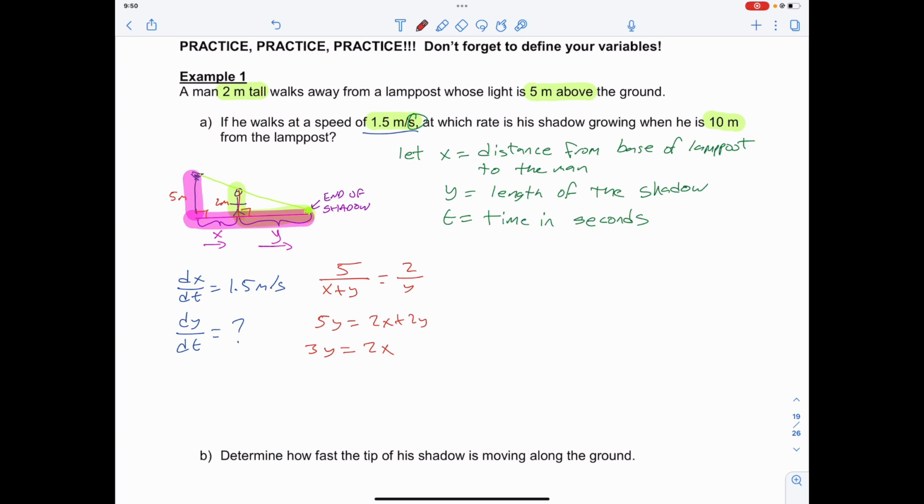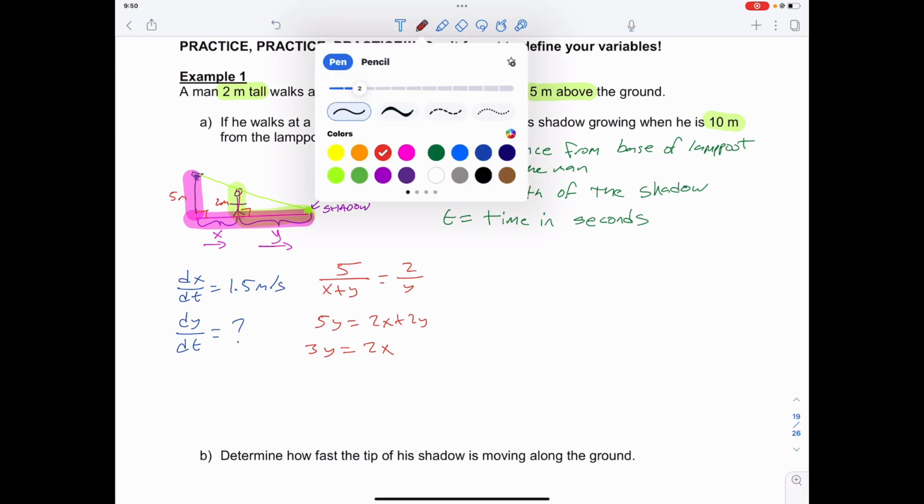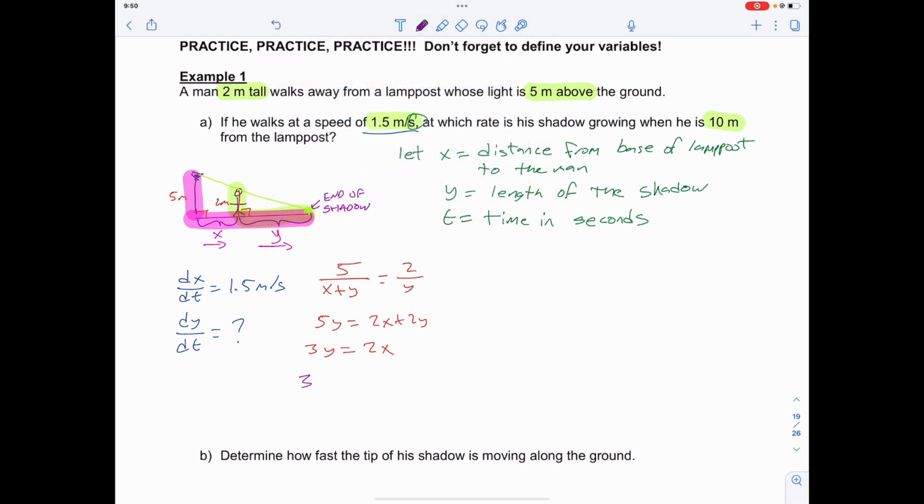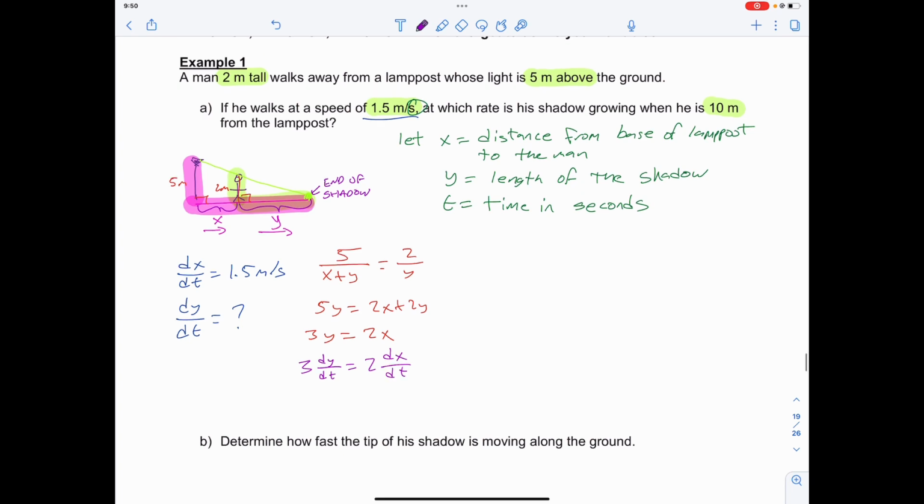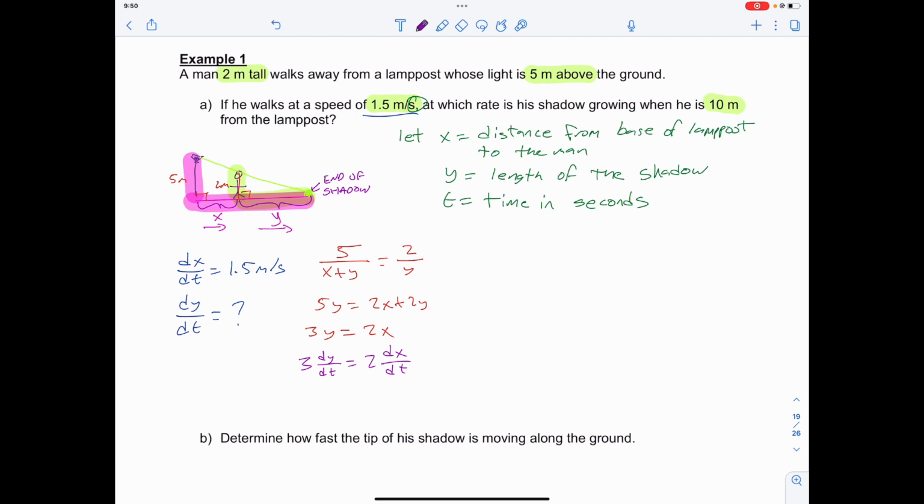And if you wanted to, you could divide both sides by 3 at this point, or you can just differentiate, which is what I'm going to do. I'm going to say that 3 dy over dt is equal to 2 dx over dt. Well, I know what dx over dt is.